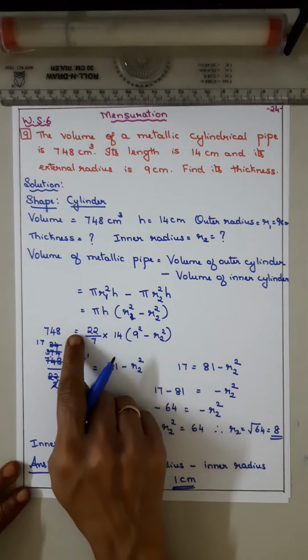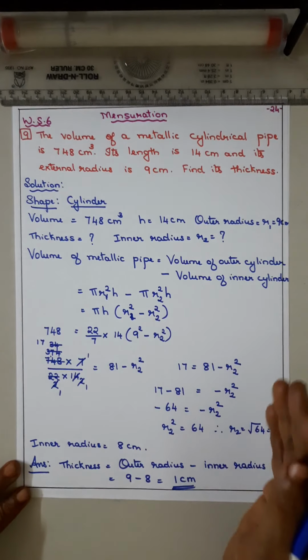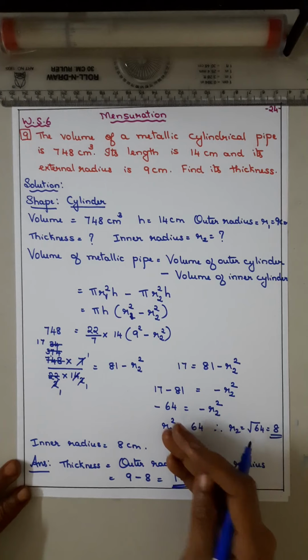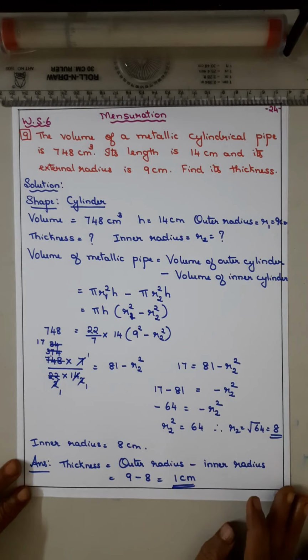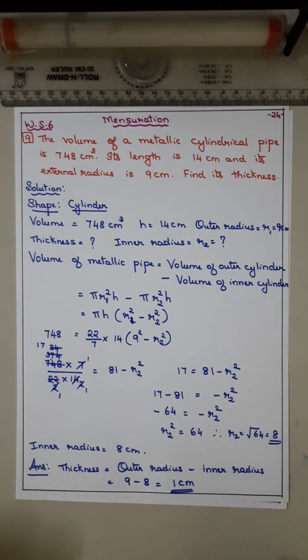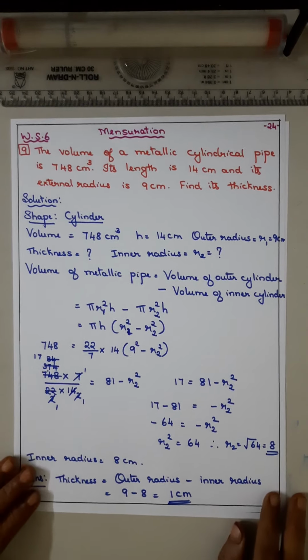Then pi h, take it out, r1 squared minus r2 squared, and find out r2 squared, then r. That is the inner radius. Then subtract the inner radius from the outer radius, you will get the thickness. Is it clear? So that was about question number 9.